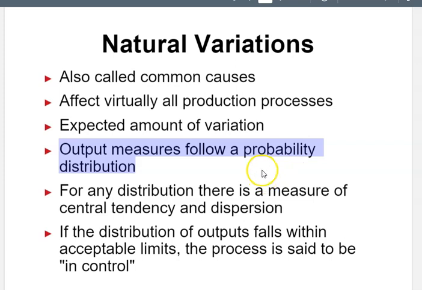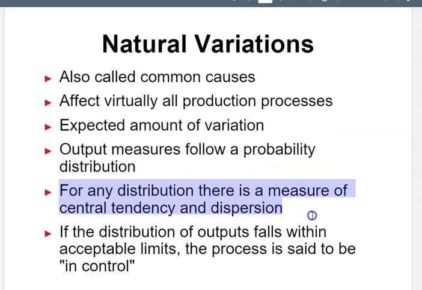Since they are natural, many of them follow the normal probability distribution or other types of probability distribution, such as Poisson distribution or beta distribution. For any distribution, there is a measure of central tendency and dispersion. What we mean here is how this variation is distributed.